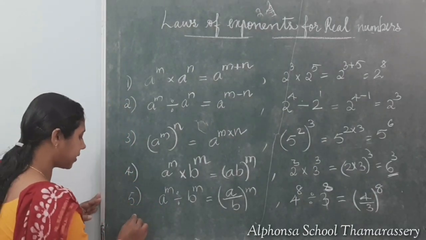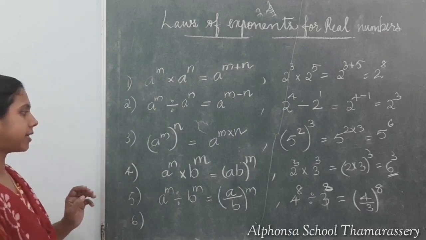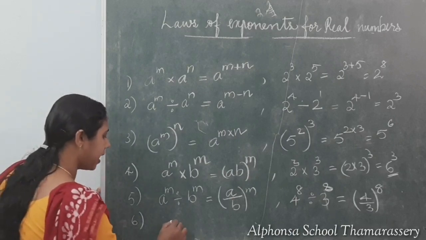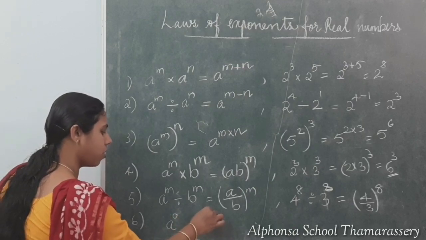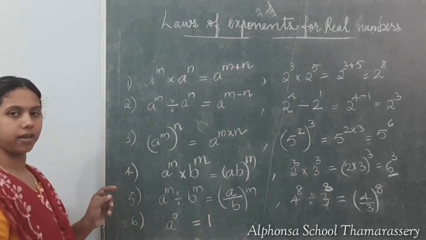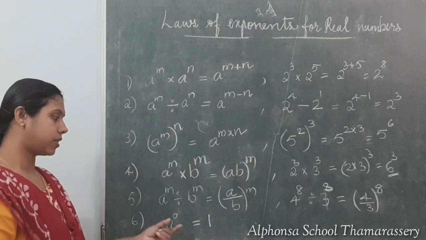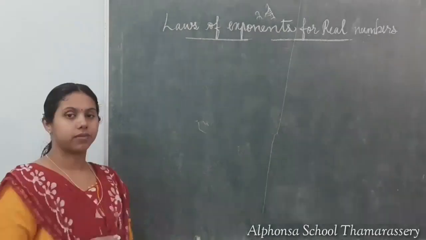The sixth identity is a raised to 0, that is equal to 1. A raised to 0 is always equal to 1.